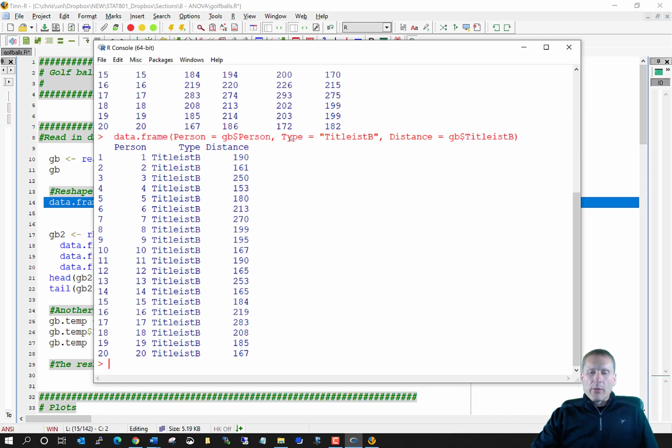And so even though there was only one value here, Titleist B, there's 20 values here for person, 20 values for Titleist B. The way that R reacts, it actually replicates Titleist B 20 times so that everything has the same length. And so there's one particular data frame.